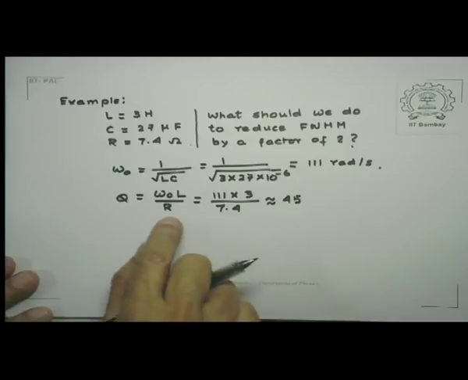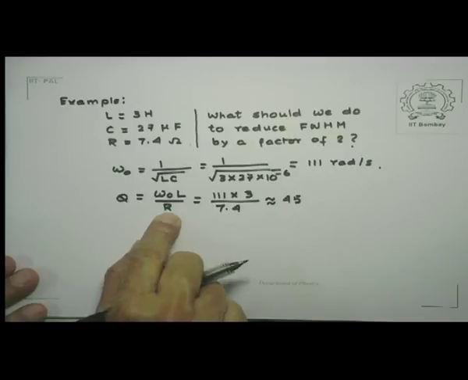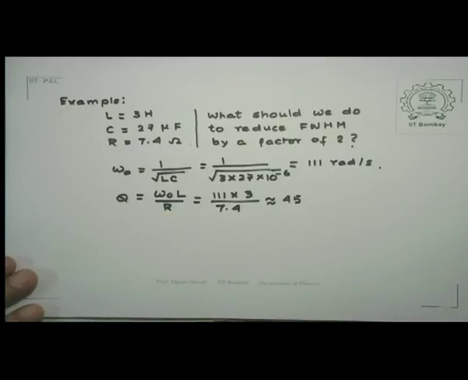So one possibility is of course to reduce R, which is resistance, or of course equally to increase L. But technically it turns out that manipulating inductance is a lot more difficult thing. In fact, what is done in LCR circuits is to use capacitors and resistances to be adjusted.